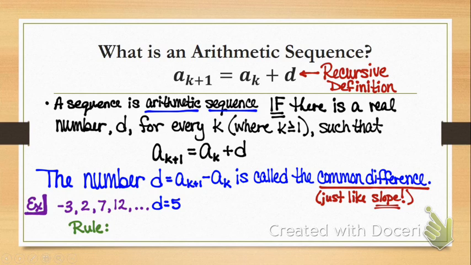How would you start this if we were writing a line? Y equals what? Positive 5. Because this is like our slope, right? If we were writing a linear function, it would be 5x. We're going to use n as our input variable because we're writing a rule for the nth term.